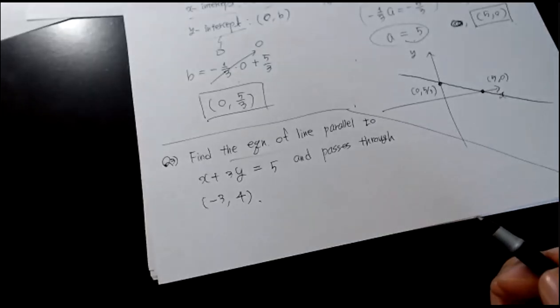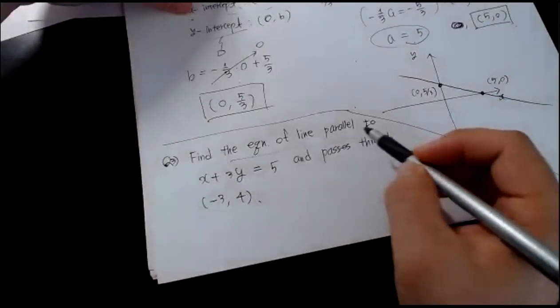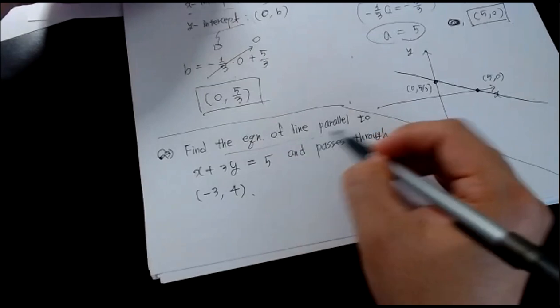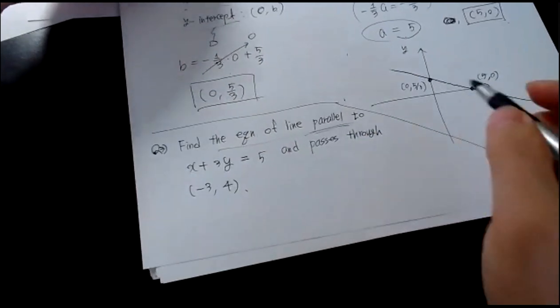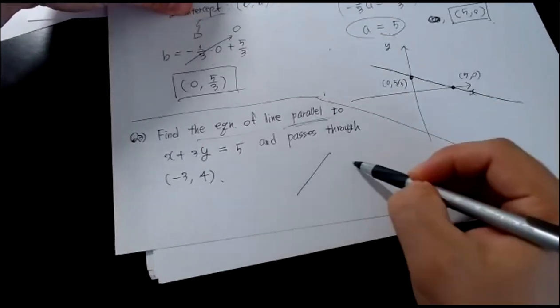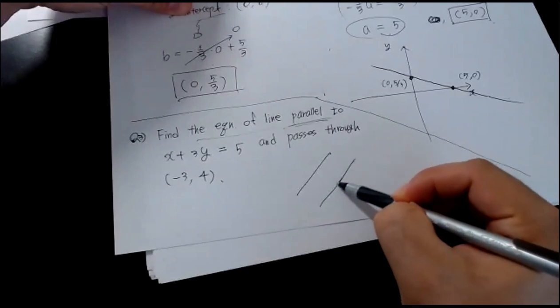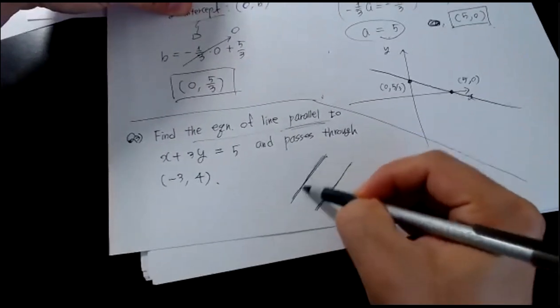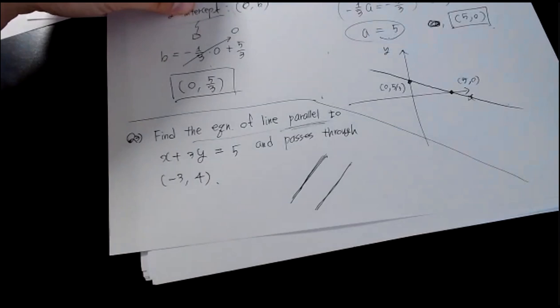We need to figure out what parallel means. Parallel means that two lines have the same slope.